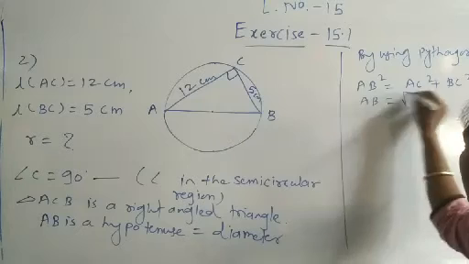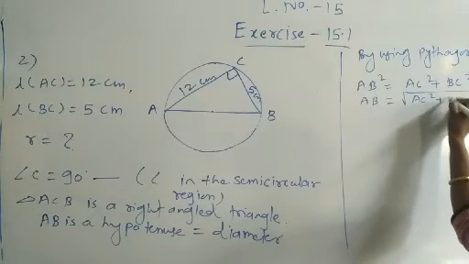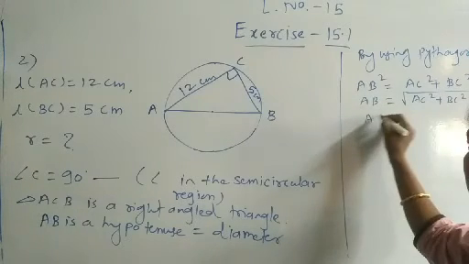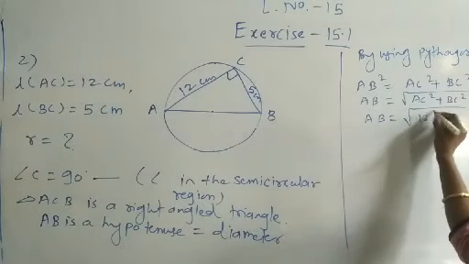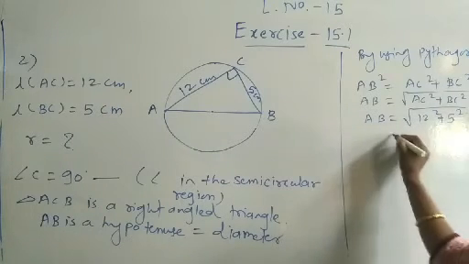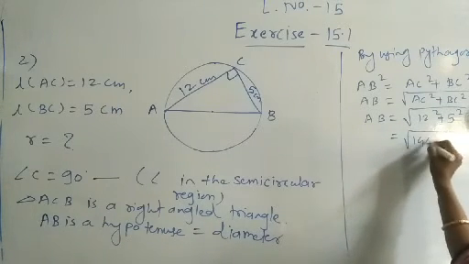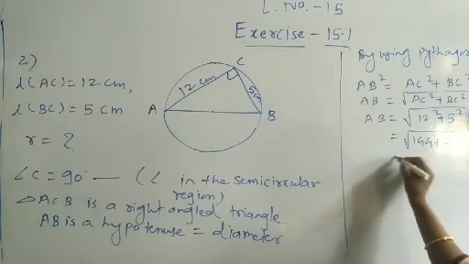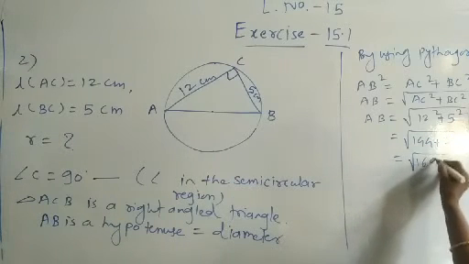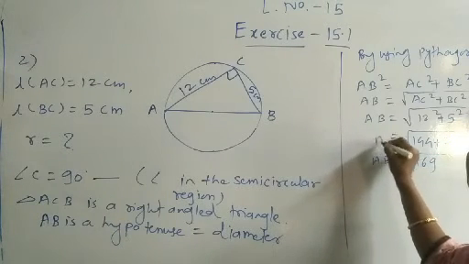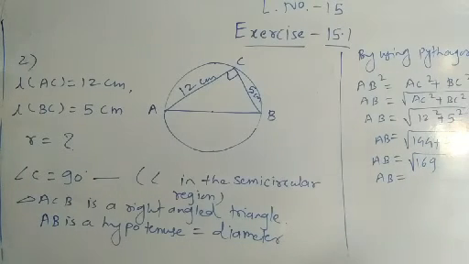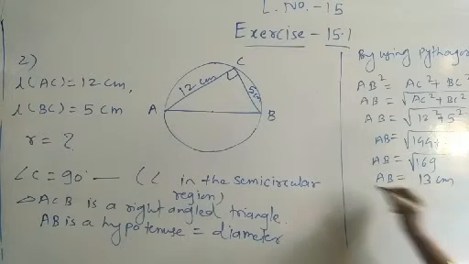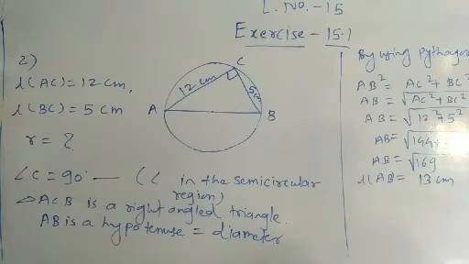Now you can write AB square is equal to AC, that is 12, so 12 square plus 5 square is equal to 144 plus 25. So now 169, and 169 is the square of 13. So the length of AB you get is 13 centimeters.